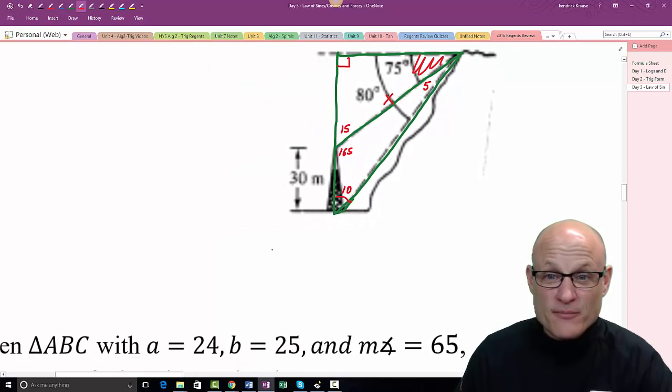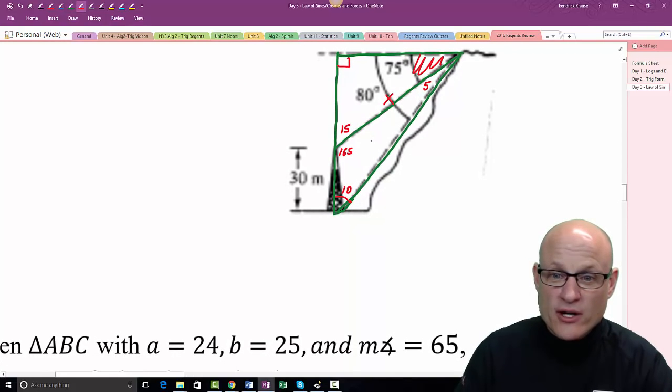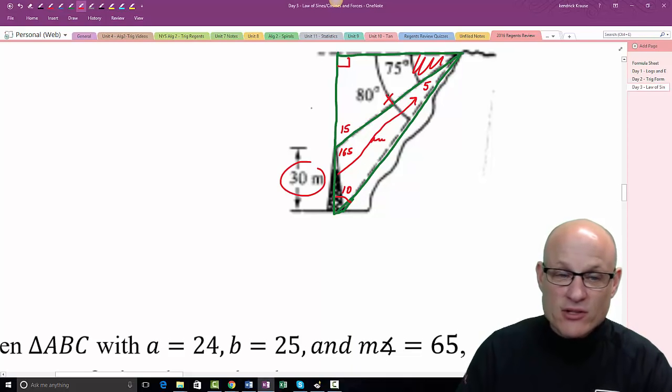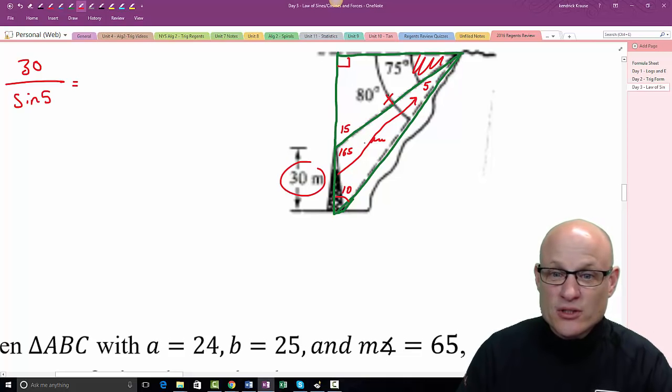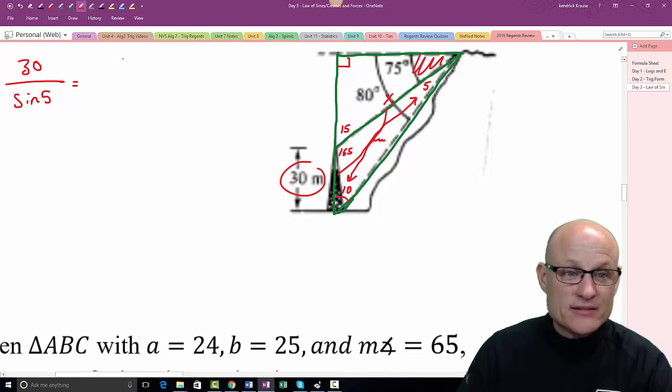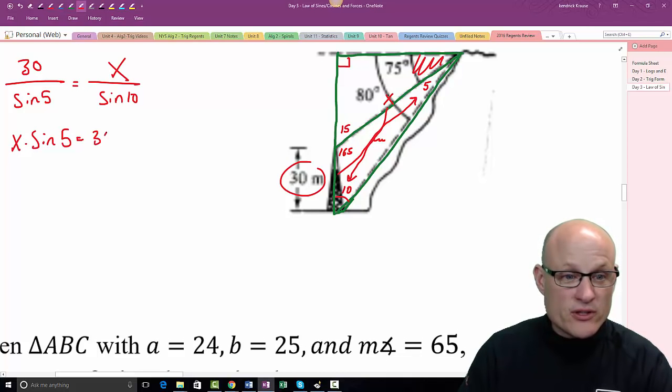So what we're going to do is work in this triangle right here. So I got the 30 meters. It's opposite of the 5-degree angle. So 30 over the sine of 5 is equal to x over the sine of 10. So we'll cross multiply. X times the sine of 5 equals 30 times the sine of 10.